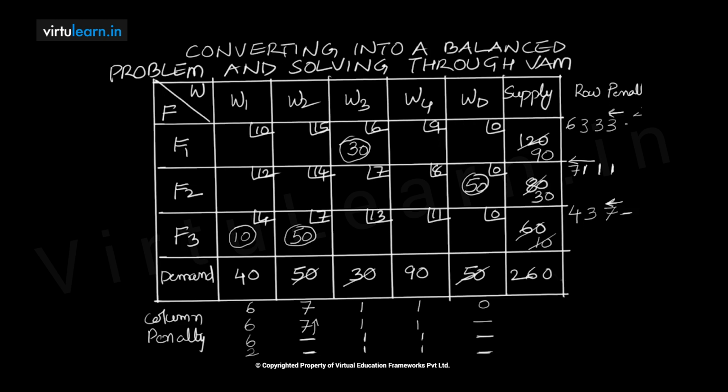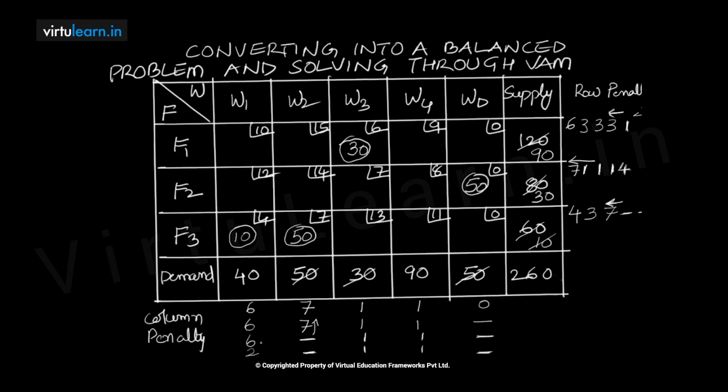That means here penalty is 1. Now here W1, W4. So here 8, 12. So here 4, and then here it is no longer applicable.